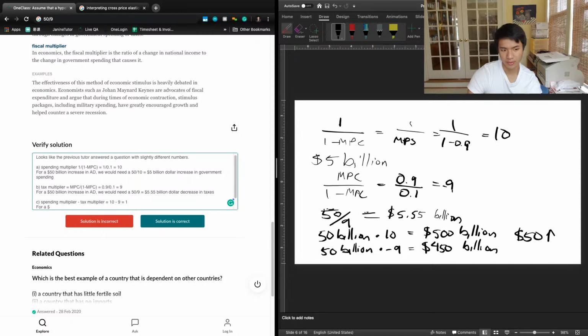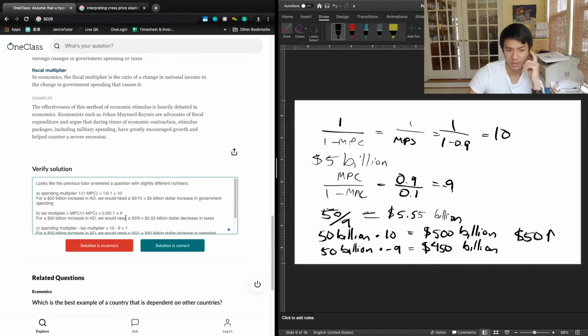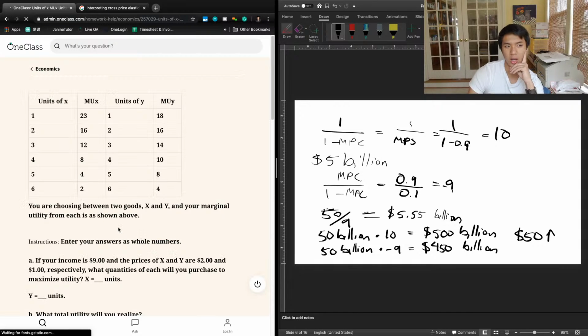For a $50 billion increase in AD, we would need 50 divided by 1 equals $50 billion increase in spending funded by a $50 billion tax increase. And that's going to be the correct answer for this question with the correct numbers. And so we're going to mark the solution as incorrect just because they have the wrong numbers, and we'll submit this for an alternative solution.